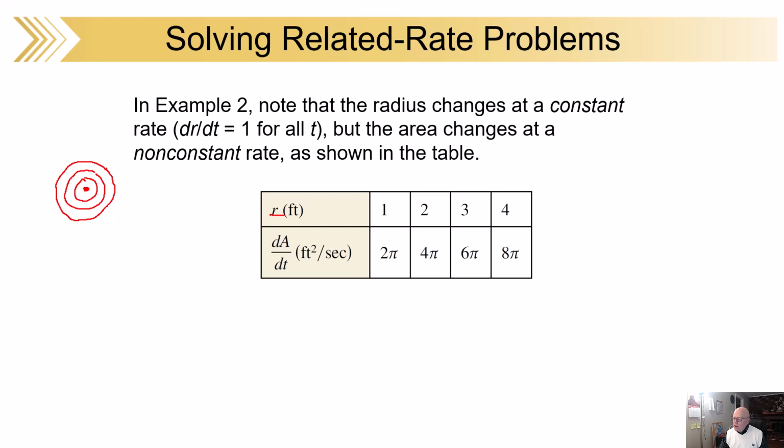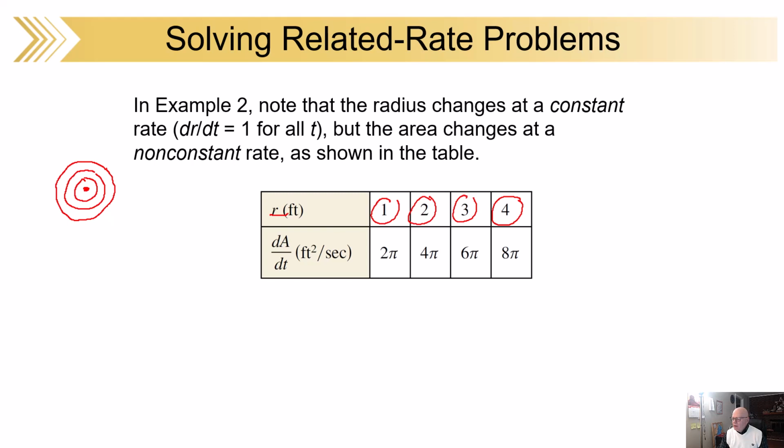First of all, with the radius, every second it's 1 foot further away from the center, going from 1, 2, 3, 4, 1 notch each time. The area, though, doesn't go by 1 piece per second like the radius did. This one goes 2 pi, 4 pi, 6 pi. It doesn't go up by the same amount each time.